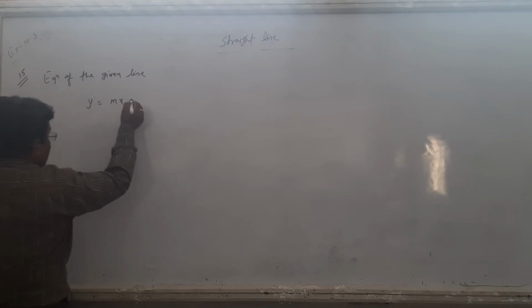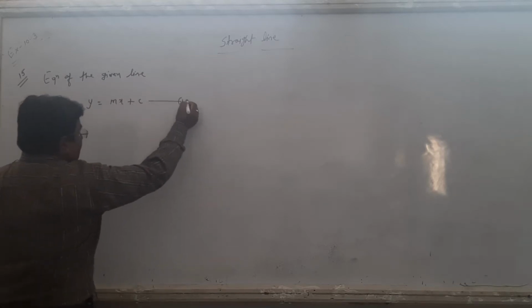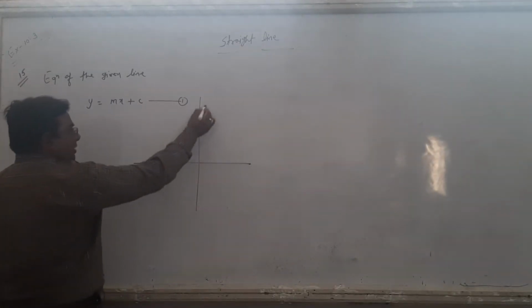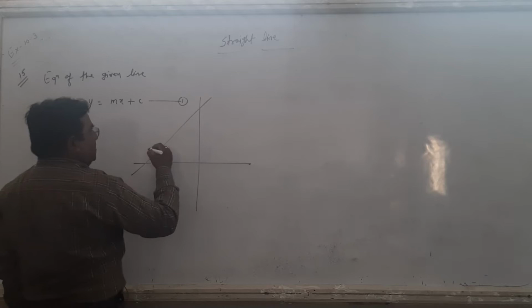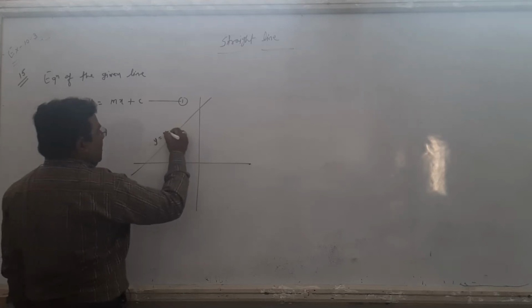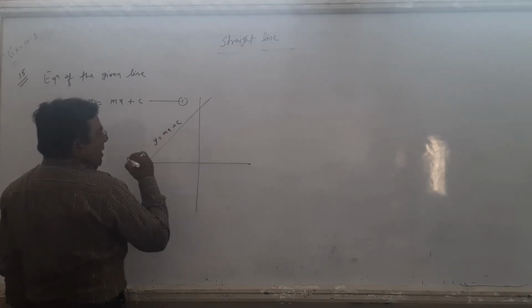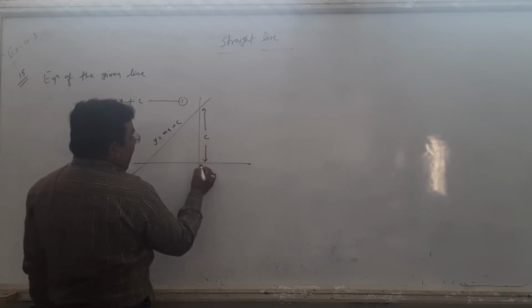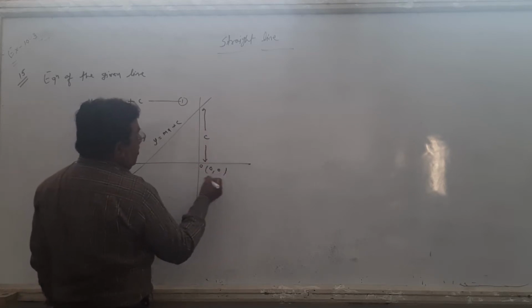This is the equation of a line in slope intercept form. And now this is the diagram where m is the slope of the line and c is the intercept. This is y equals mx plus c, right? And c is the intercept on the y-axis, and O is the origin 0, 0.